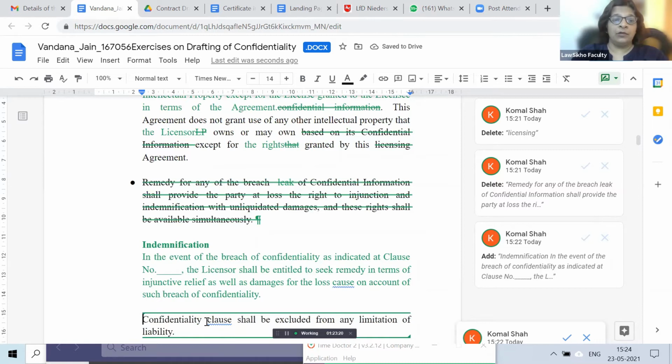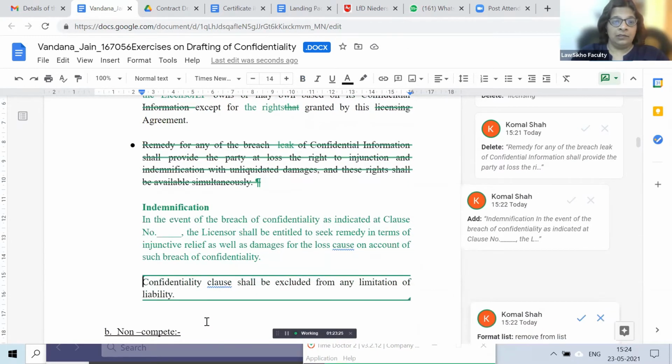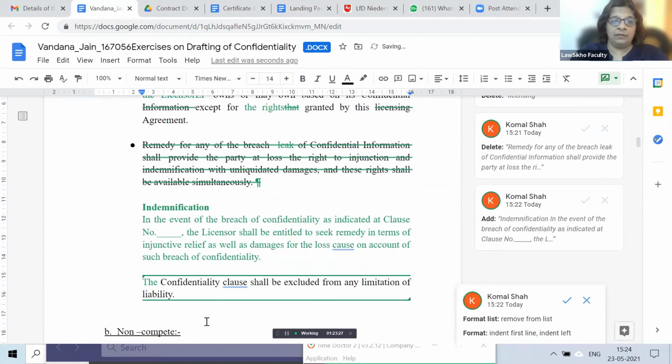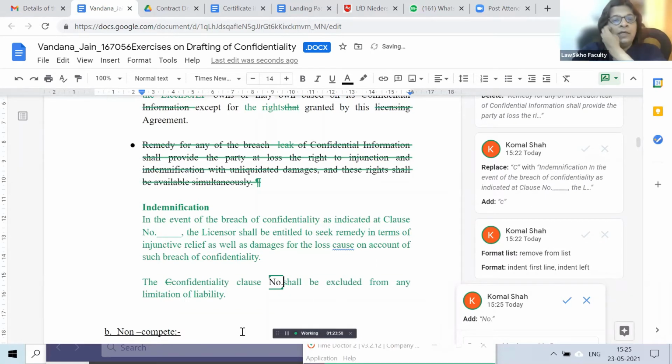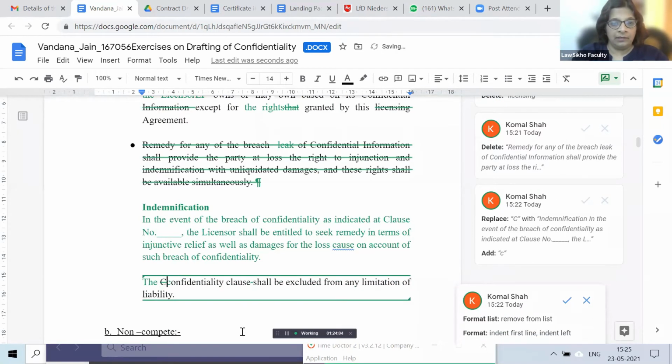So confidentiality clause, the requirement to maintain. Actually, it's not a clause, okay? But it's rather the requirement to maintain the confidentiality.